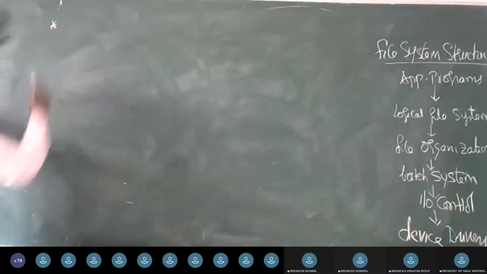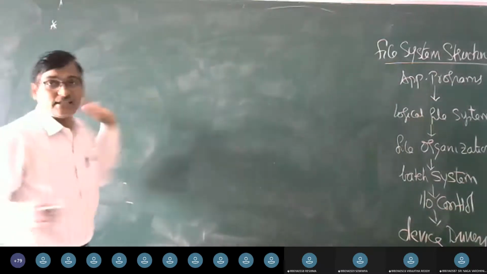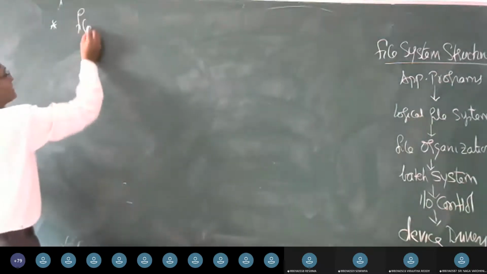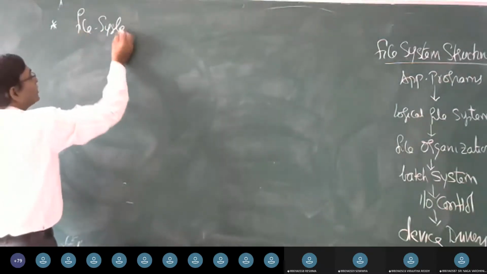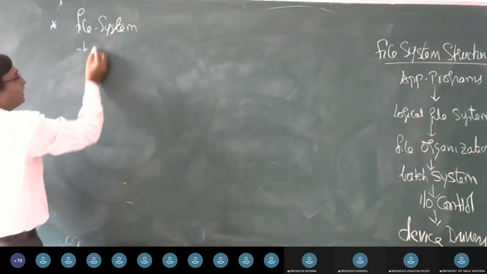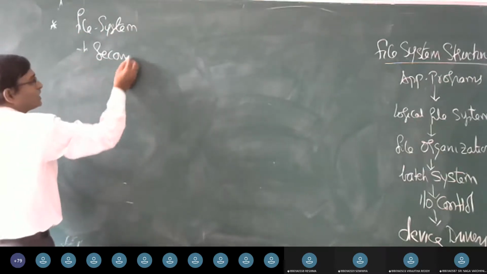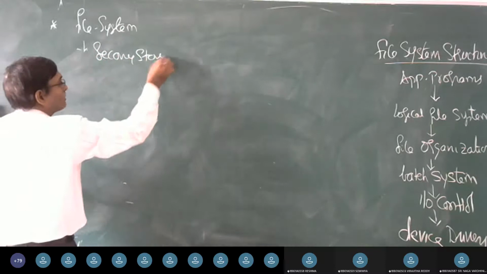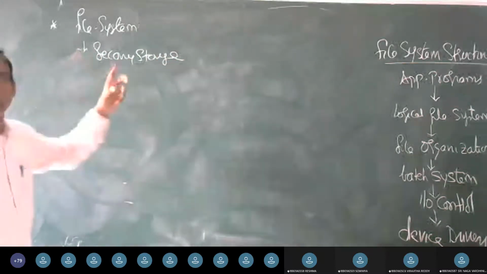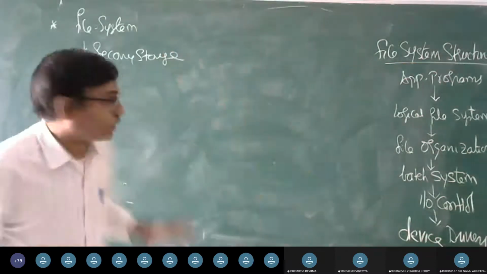So the first and foremost information we have to get was a file system. It is going to be implemented in secondary storage. This is most important here.